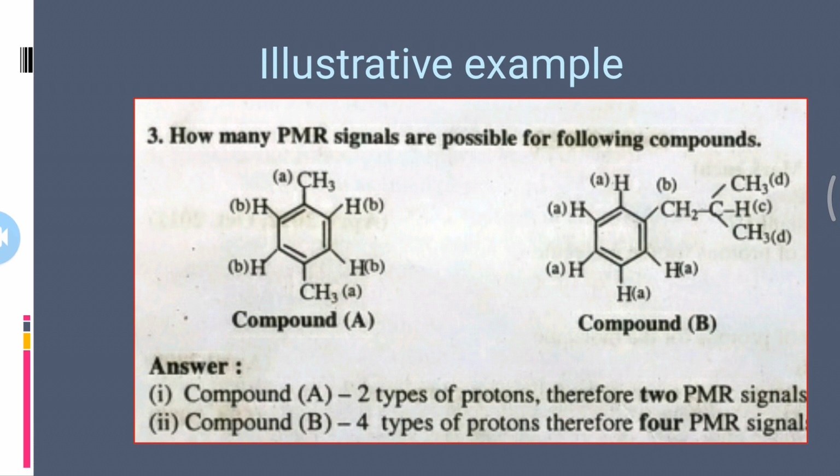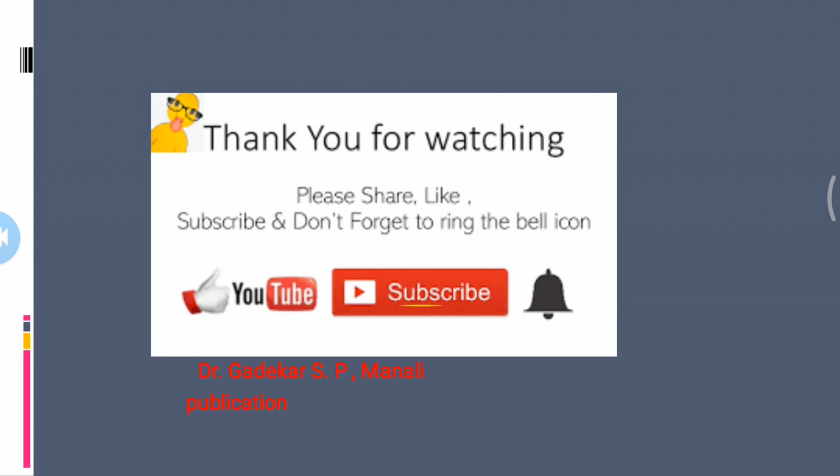Similarly, in the second compound B, four types of protons are present and therefore four PMR signals are observed in low resolution.